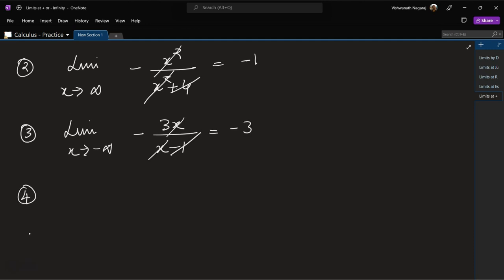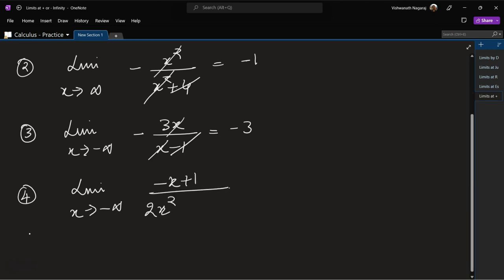Fourth, limit as x approaches minus infinity of minus x plus 1 by 2x square plus 2x plus 1. Now we can use the same logic, right? 1 has no impact on infinity and 2x has no impact on 2x square.